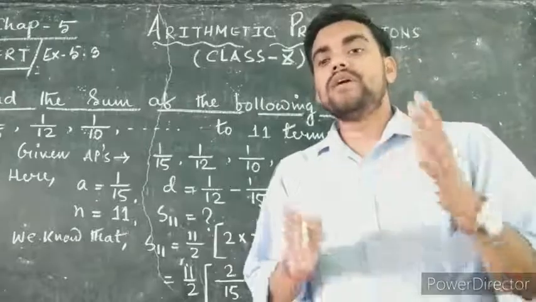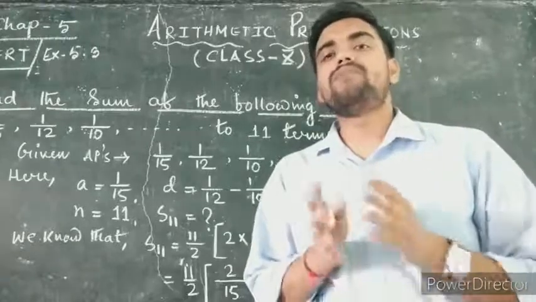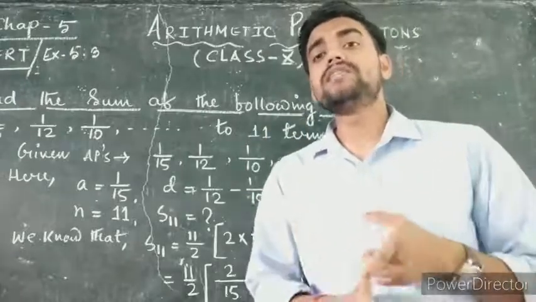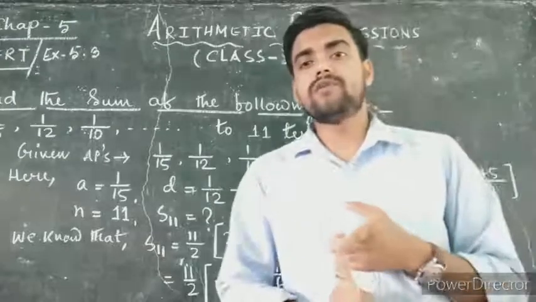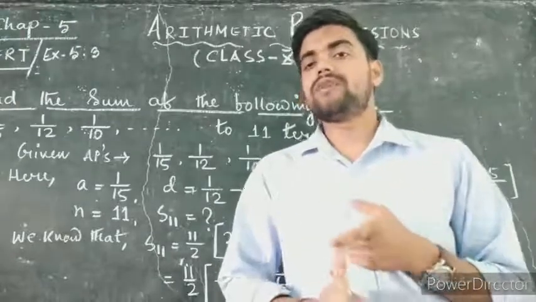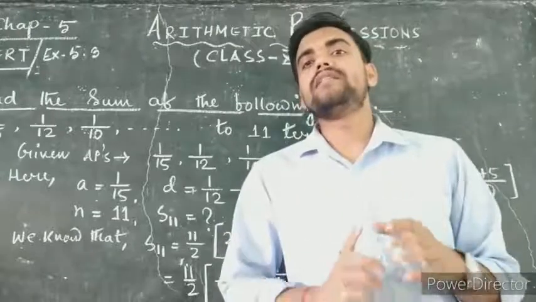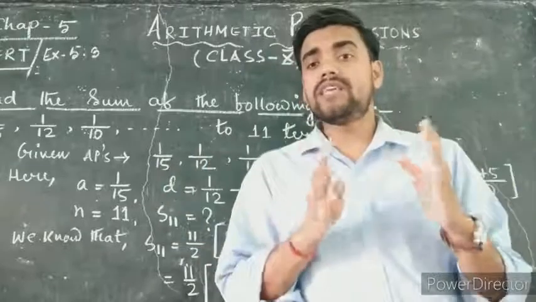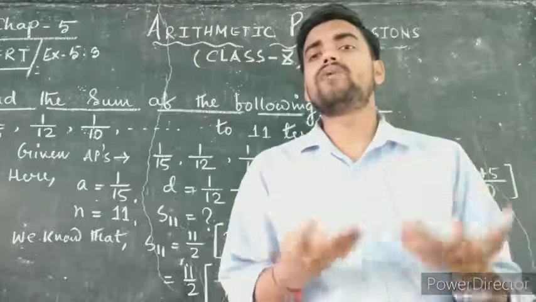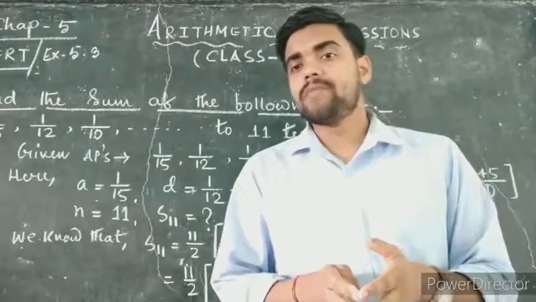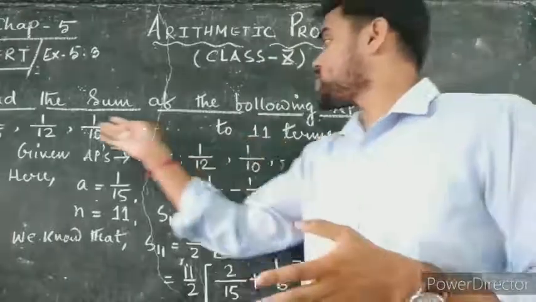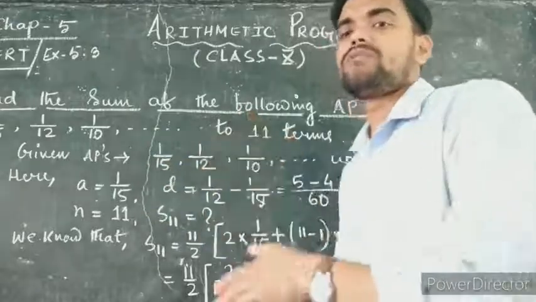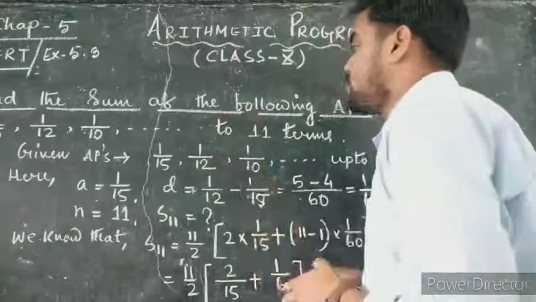If you know these three things, then you can find the sum of n terms very easily, whatever the terms of the series are. With fraction terms, do not get confused. Same procedure, same method, and you can find the value of the sum of n terms.